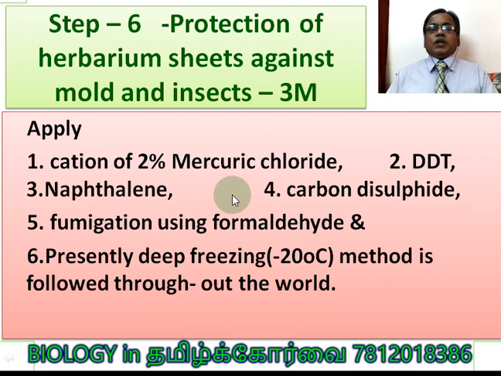Step 6, protection. We have to protect the herbarium sheet for a very long period of time. For more than 100 years in the Royal Botanical Garden, the herbarium sheets are well preserved. How? By using various preservatives like 2% mercuric chloride, DDT, naphthalene, carbon disulfide, and also fumigation using formaldehyde, fumigating the entire laboratory where the herbarium sheets are maintained.